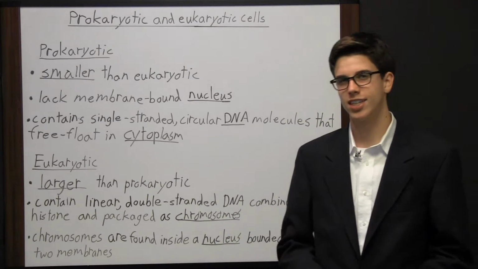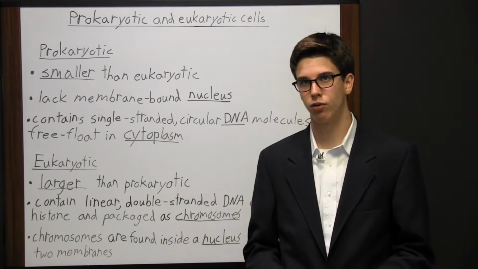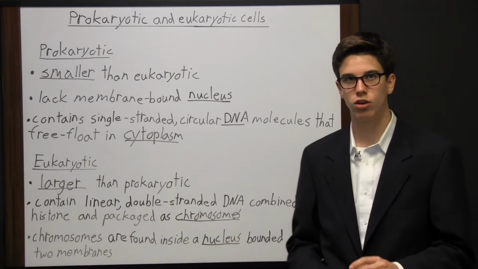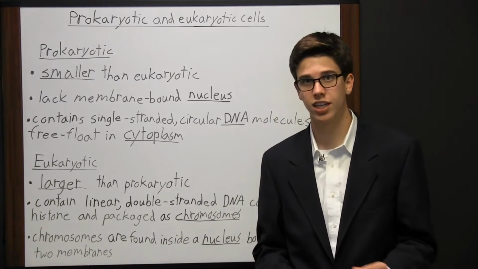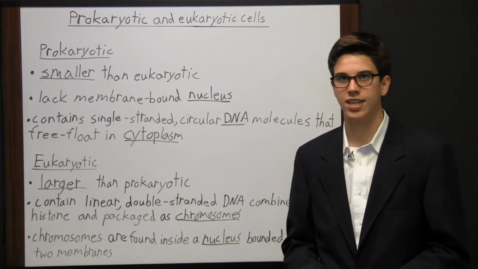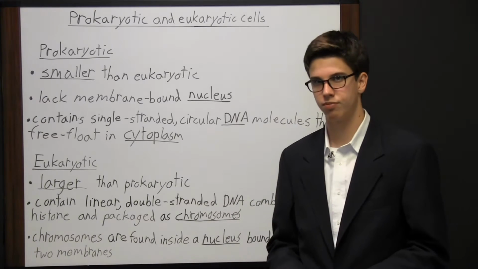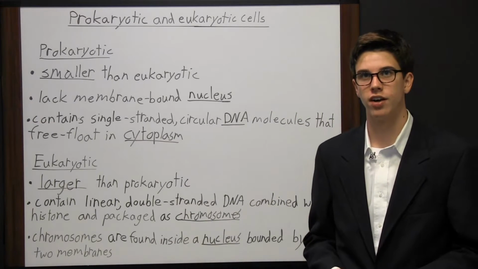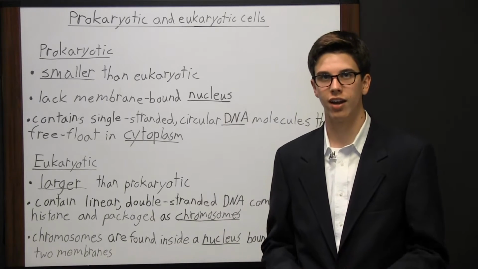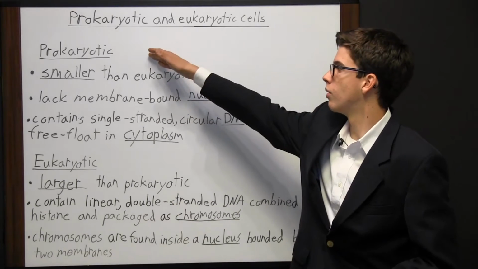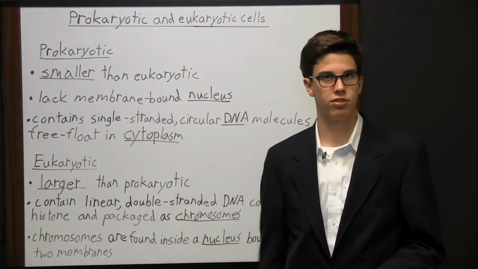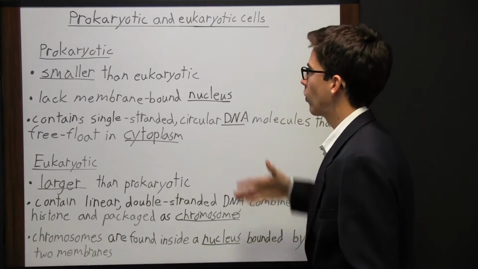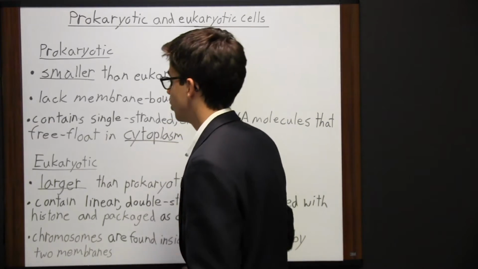Now, eukaryotic cells contain a variety of other membrane-bound organelles, such as mitochondria, chloroplast, endoplasmic reticula, Golgi bodies, lysosomes, and vacuoles. Now, eukaryotic ribosomes are larger and more complex than those found in prokaryotes. Now, you may be wondering, where do you find prokaryotic cells and where do you find eukaryotic cells?